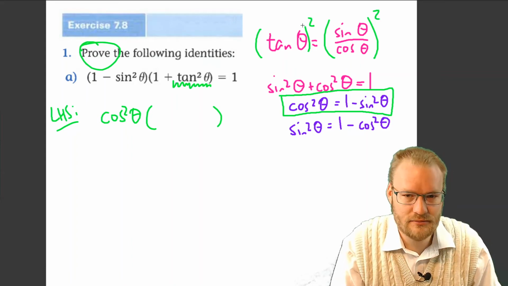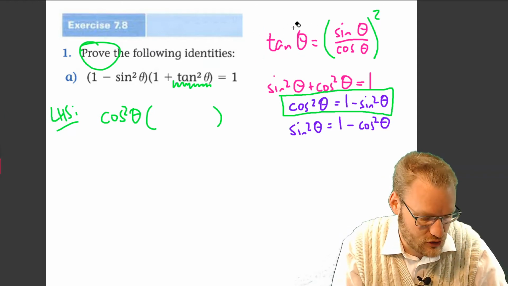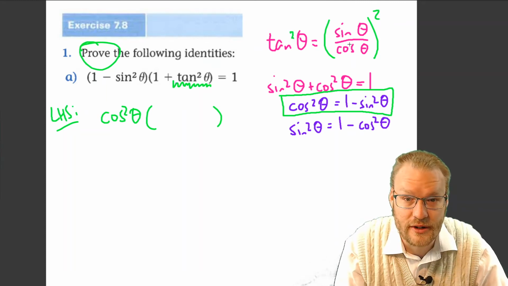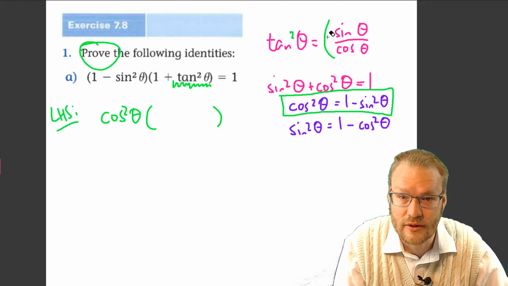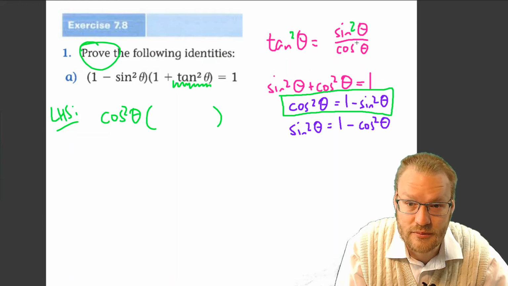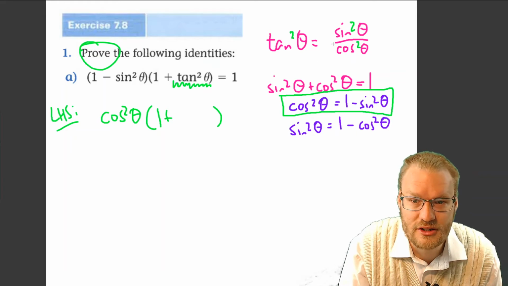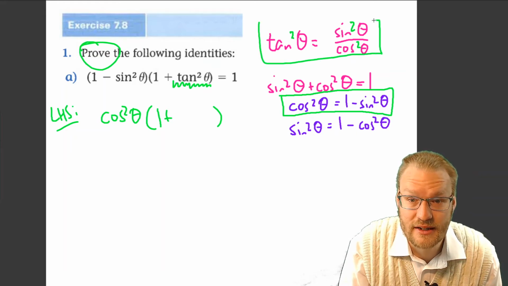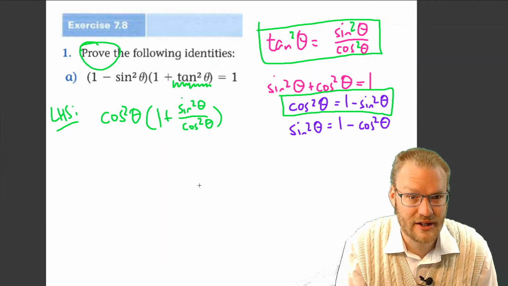Tan theta all squared, another way of writing that, the short way, is just to write the squared over there. If you're squaring a fraction, you just square the numerator and denominator, so square the top, square the bottom. So tan squared theta, we're going to replace with sine squared theta over cos squared theta. As I said, our reasoning is to get everything into sines and cosines because things are probably going to cancel.